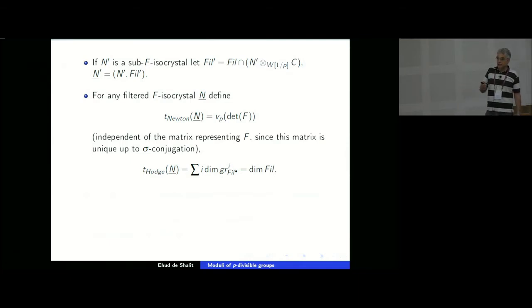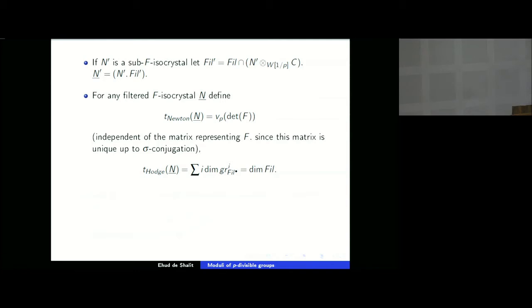And for any filtered F isocrystal, we define the Newton terminal point and the Hodge terminal point in the following way. So for the Newton terminal point, we take the Frobenius, that's part of the F isocrystal structure, and we describe it in a matrix, H by H matrix. It depends on the basis, of course, but the valuation of it is independent of the basis, because when you change the basis, you do not conjugate it, but you sigma conjugate it, right?